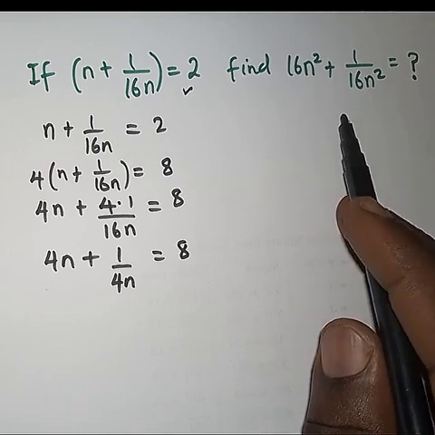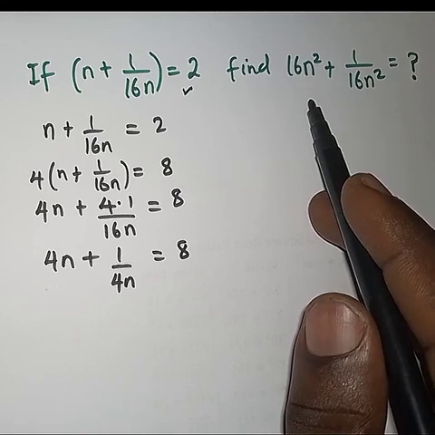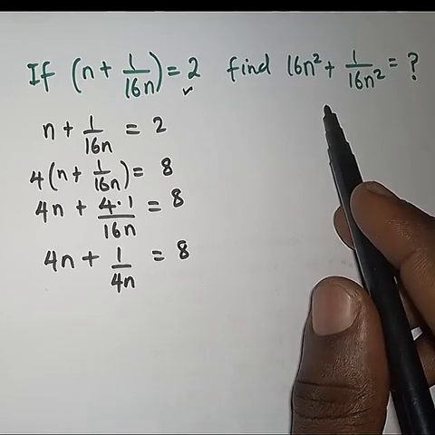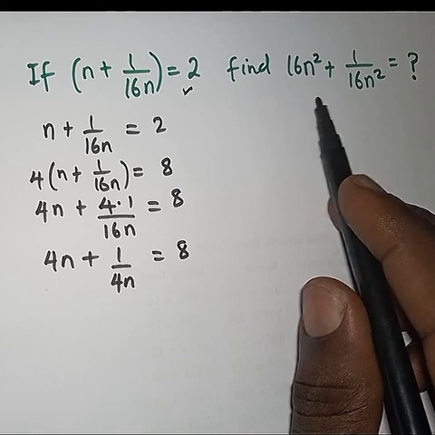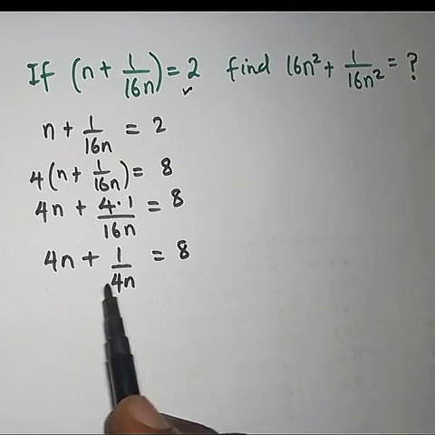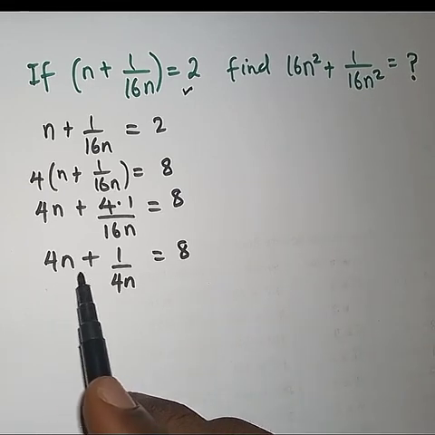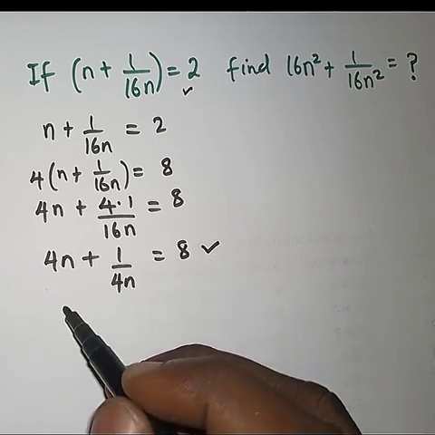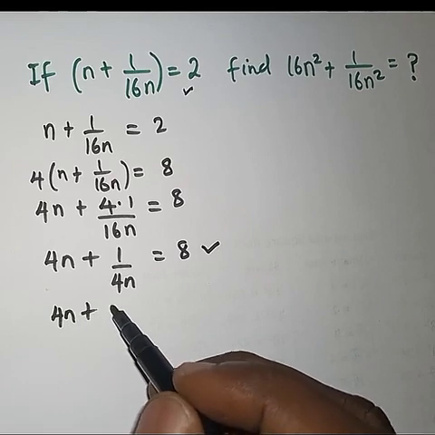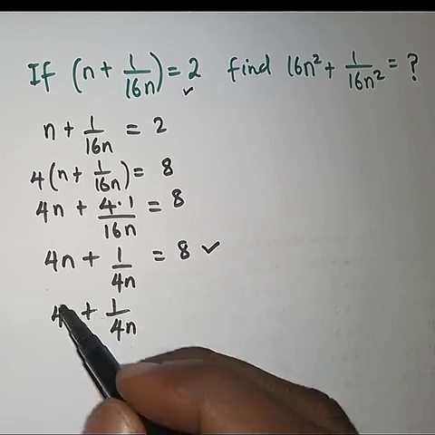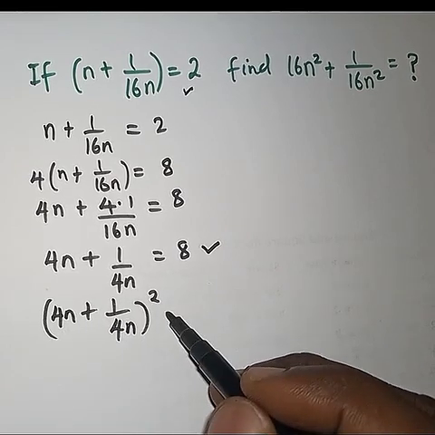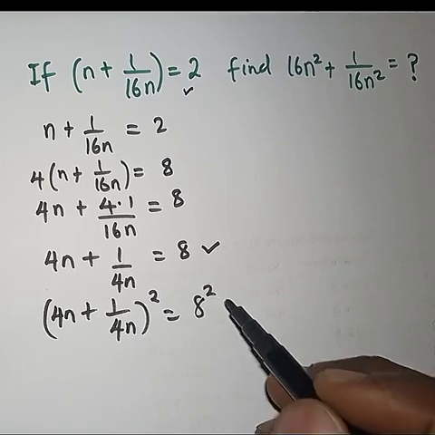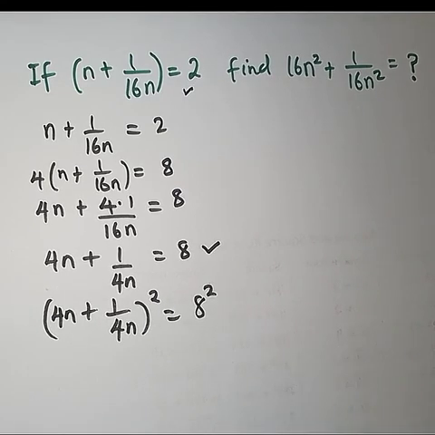But by mere looking, you can see that the only thing we can do to have this is to square both sides of this. That is 4n plus 1 over 4n all squared equals 8 all squared, right?